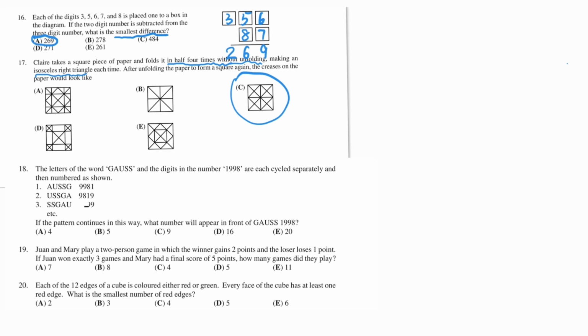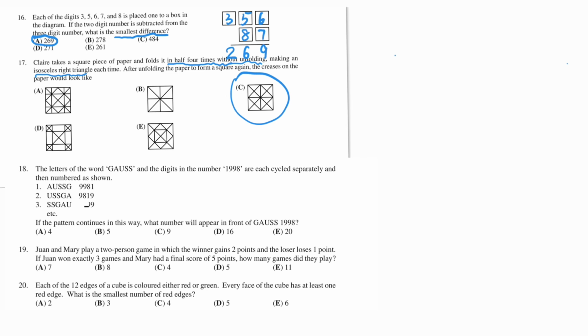Number 18. The letters of the word Gauss and the digits in the number 1998 are each cycled separately and then numbered as shown. If the pattern continues in the same way, what number will appear in front of Gauss 1998?